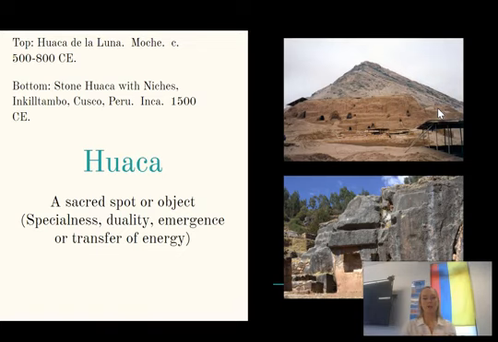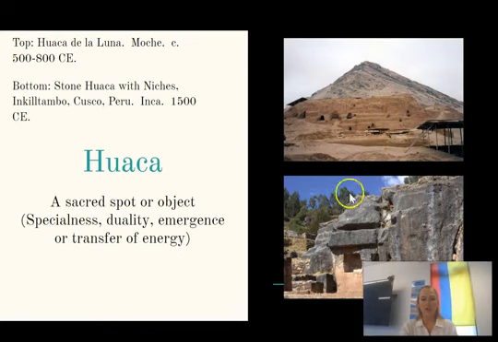But people go to these huacas for spiritual reasons, for a transfer of energy, or to be close to a spirit. For example, a cleft in a rock could be a place where you could get some sort of transfer of energy or information from the spirit of that rock. We also have man-made huacas as well. This is Huaca de la Luna. This is a Moche site.